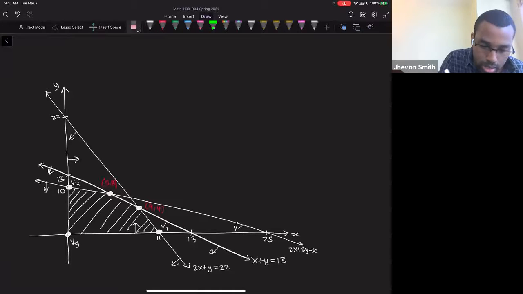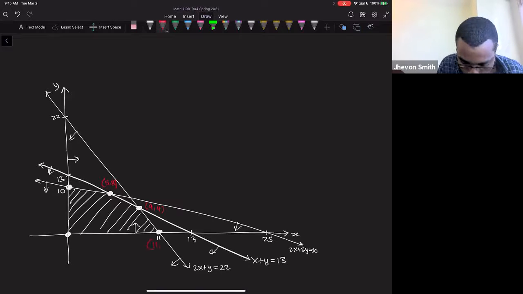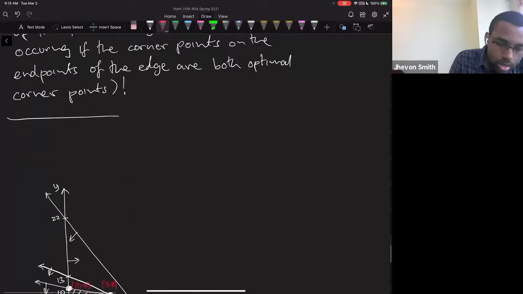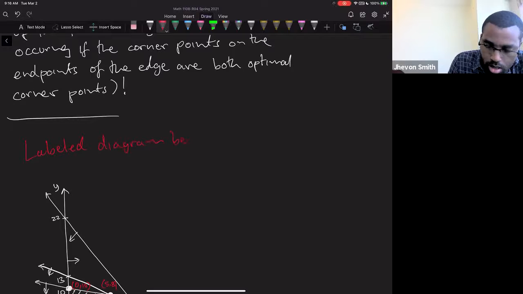Maybe I should label these guys. So V4, V5, V1. So V1 was 11, 0. This was 0, 0. This was 0, 10. Okay, yeah. So label diagram below, showing corner points.